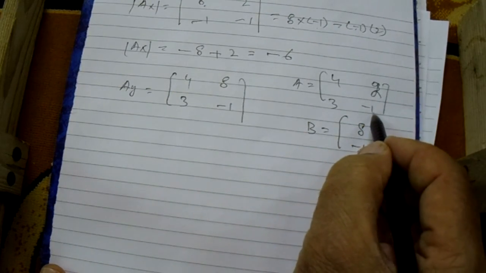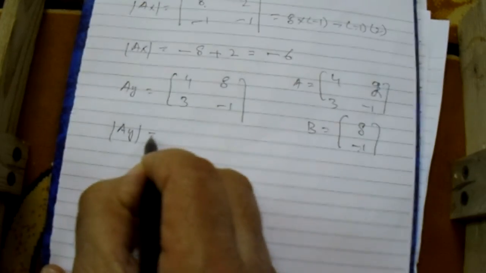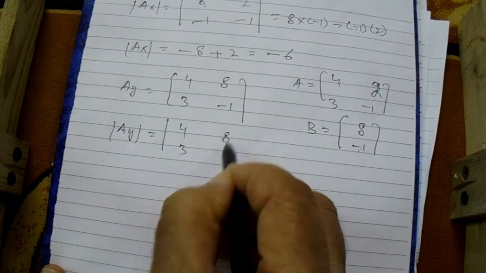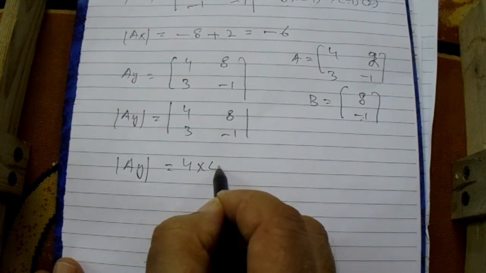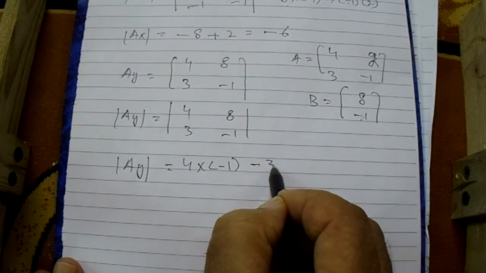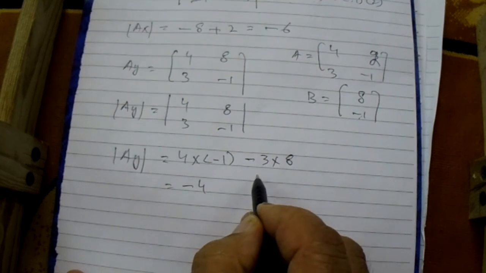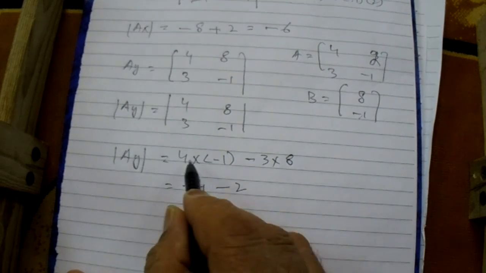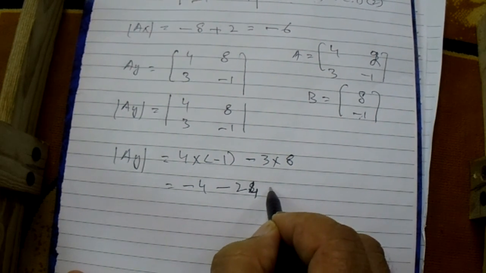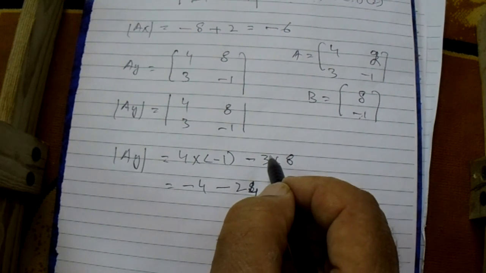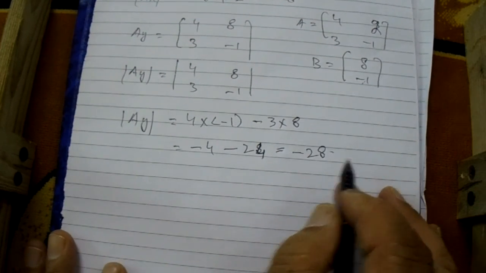Now Ay is equal to 4 multiplied by minus 1, minus 3 multiplied by 8, which is minus 4 minus 24, is equal to minus 28.